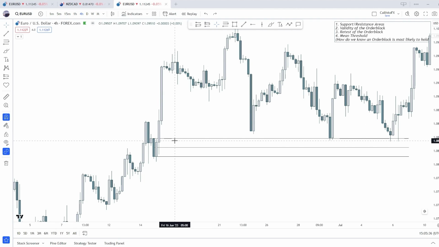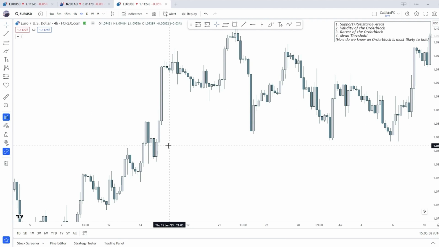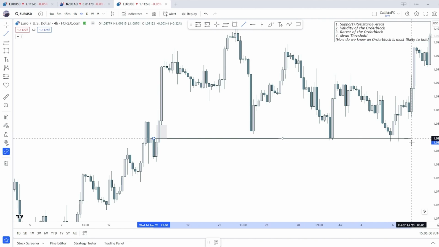Okay, next, it will be an overlapping PDA. What does that mean? It is just a premium or discount array that is overlapping with the order block. In this case, we are looking for discount arrays overlapping with this order block, and that would be this fair value gap right here. That is very nicely overlapping with this.